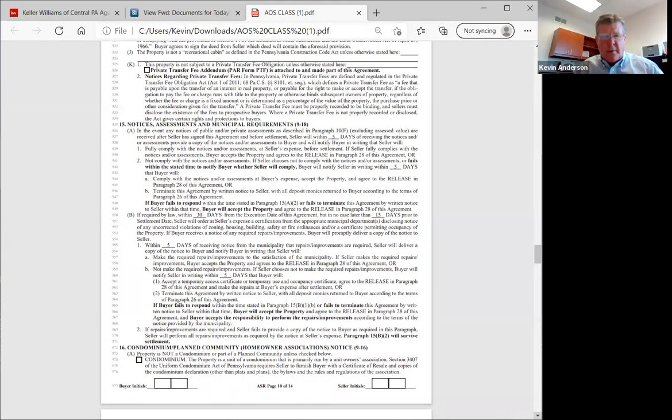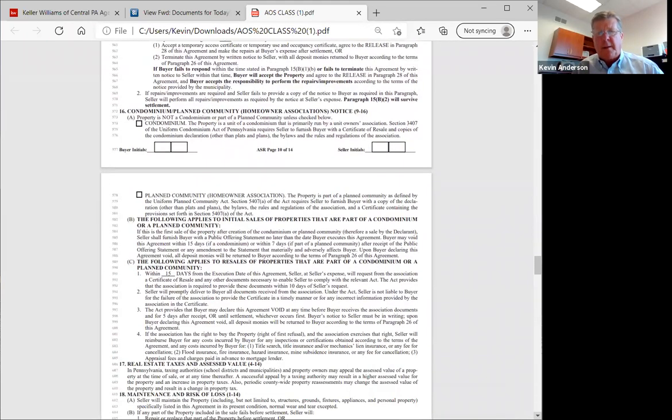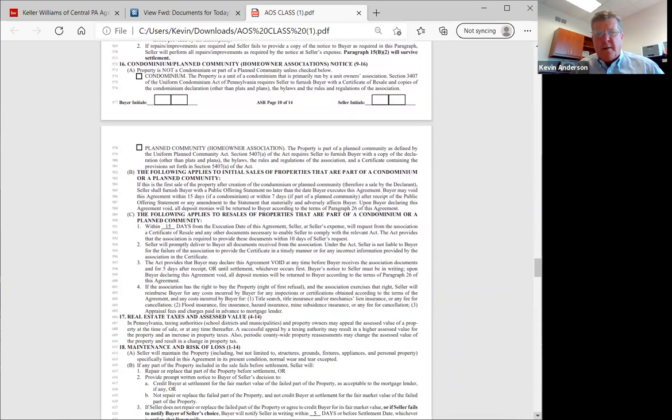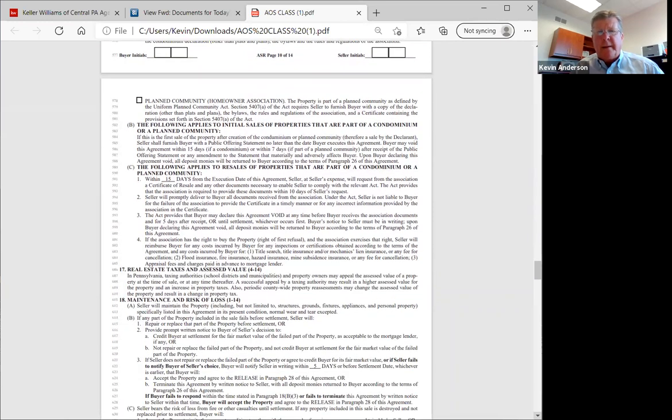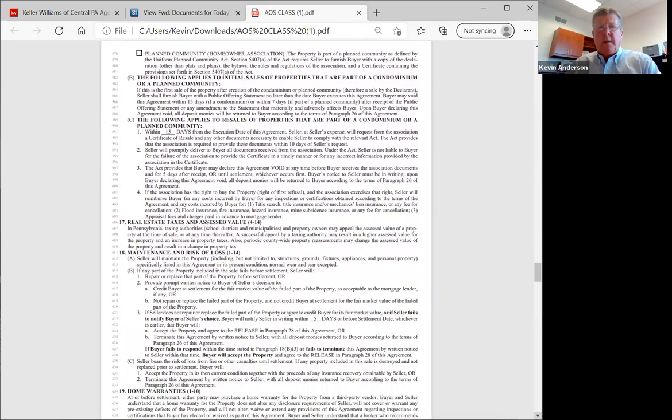Okay, so we talked about notices, we talked about condo and planned communities. These are more just the disclosures. But then we get into, again, more timelines. The following applies to initial sales of properties that are part of a condominium or a planned community.